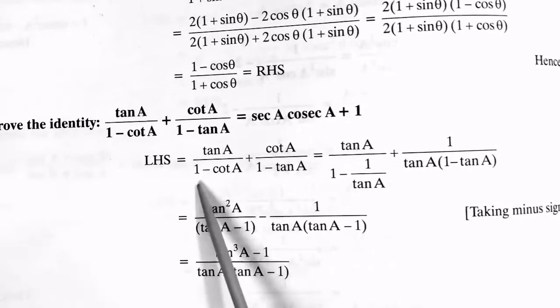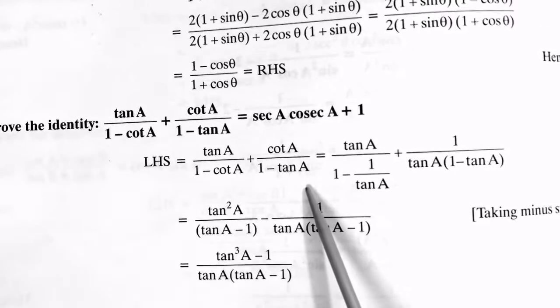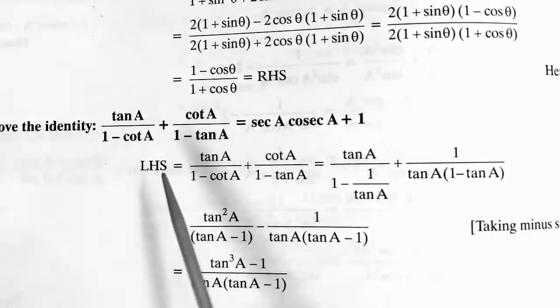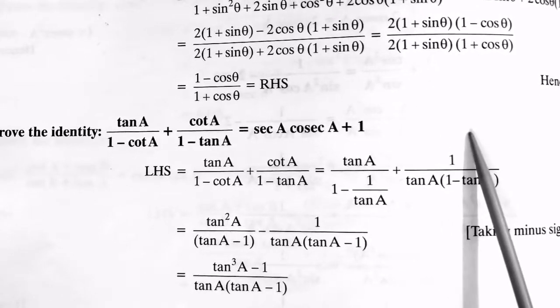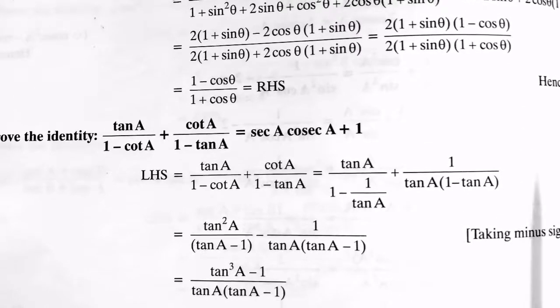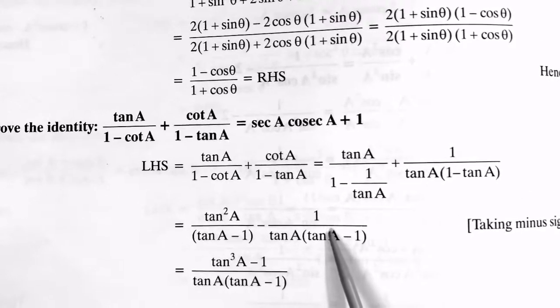First I have written tan A over 1 minus cot A plus cot A upon 1 minus tan A. Now there is another easier method. If we have both tan and cot only in the left hand side and right hand side, as I was saying, to show that this whole is equal to 1 plus tan A plus cot A, we change cot into 1 upon tan only, right?